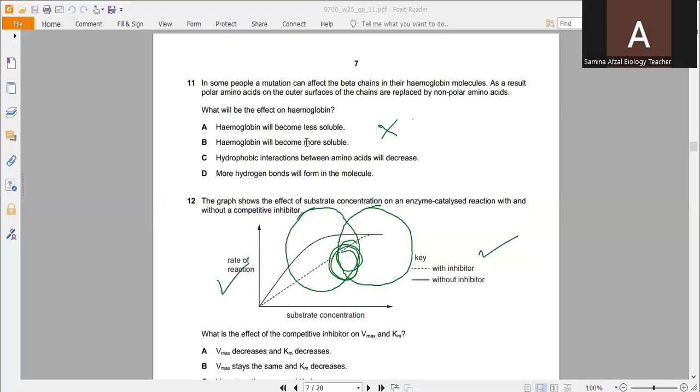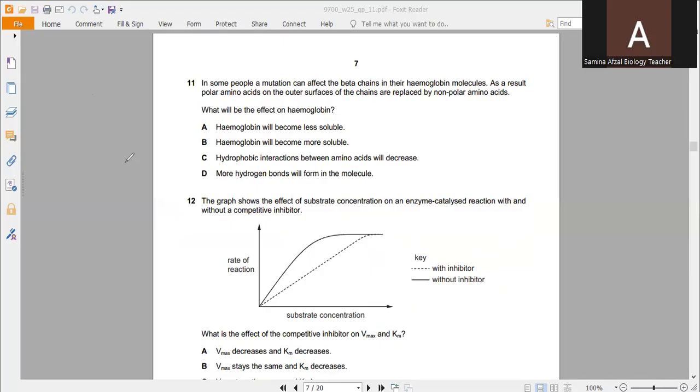Now question number 11 is, in some people, a mutation can affect the beta chains in their hemoglobin molecules. As a result, polar amino acids on the outer surfaces of the chains are replaced by non-polar amino acids.